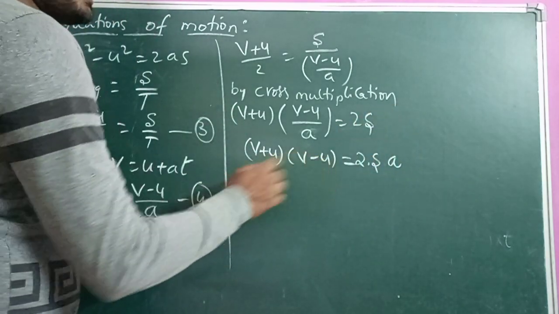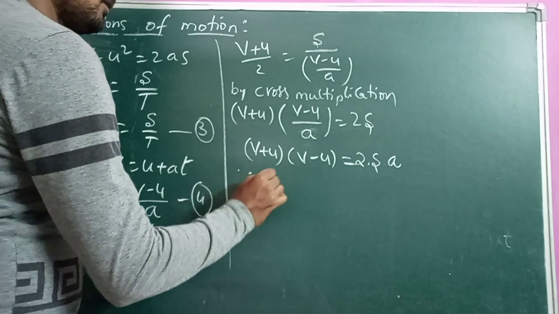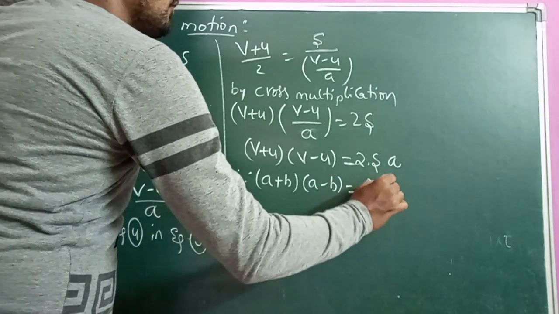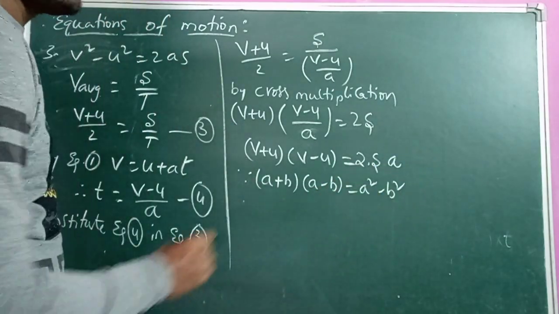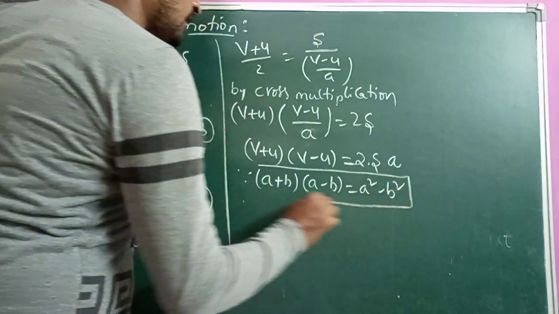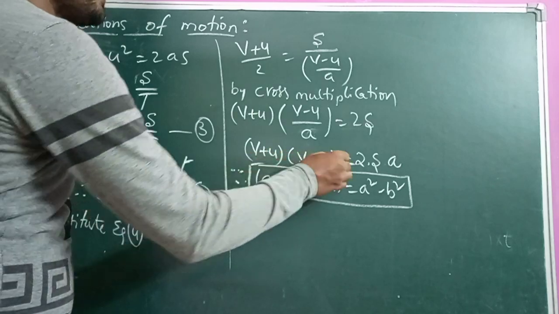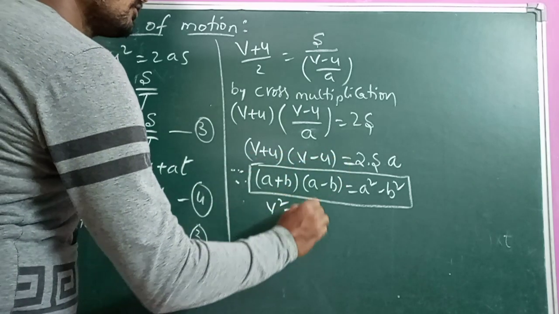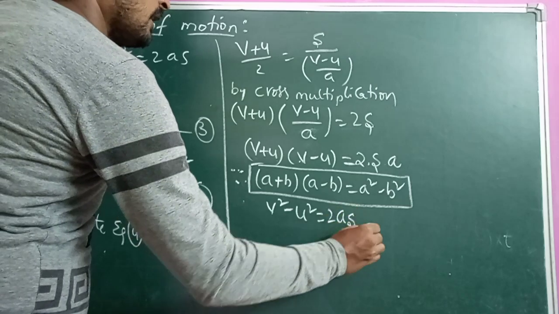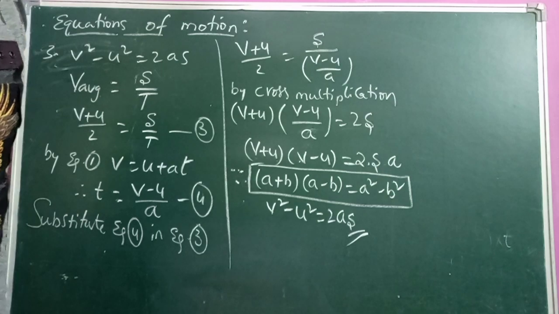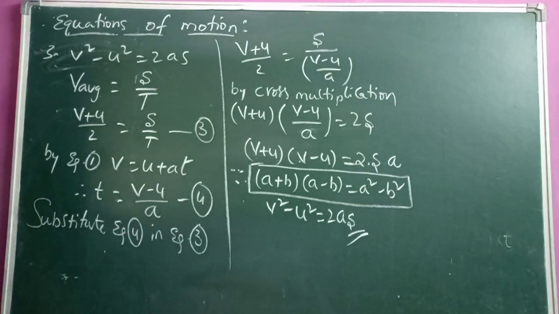Since (a plus b) into (a minus b) is equal to a square minus b square, so (v plus u) into (v minus u) gives v square minus u square is equal to 2as. Okay children, in this way we can derive the equation v square minus u square is equal to 2as. So these are the three equations of motion.